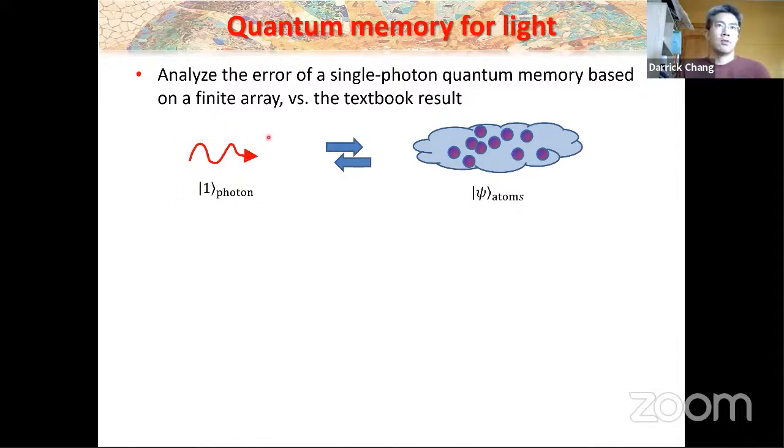So I have a single photon qubit, and what I want to do is reversibly map it onto some collective atomic excitation, which in principle should be long-lived. And then that would allow me to map it back into a photon at a later time that I desire.